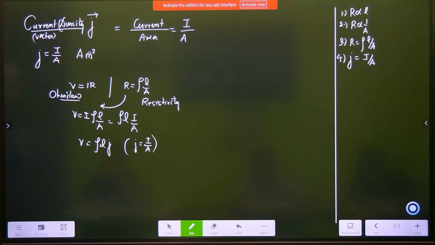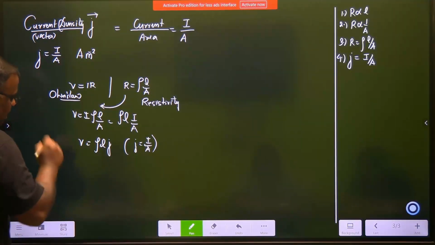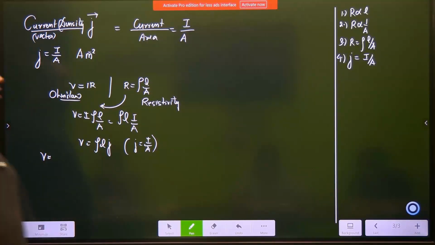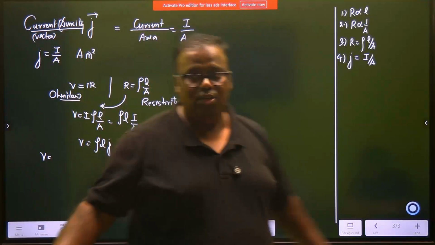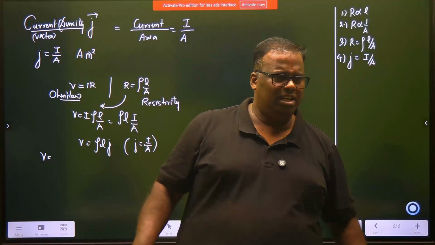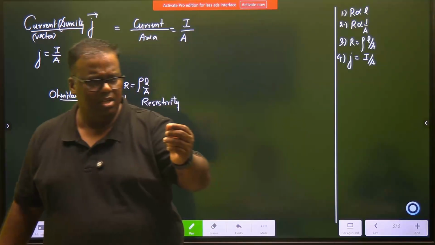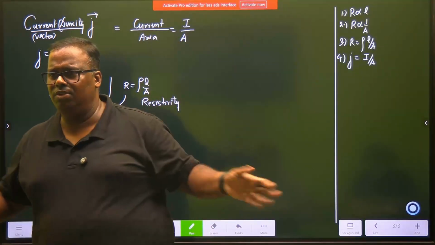Very good. If you have understood this, then I go back to my previous chapter. What did we learn in the previous class? If I have a conductor and there is no electric field, is there a current set up? Yes, for a small time, after which there will be collisions and everything will die down.